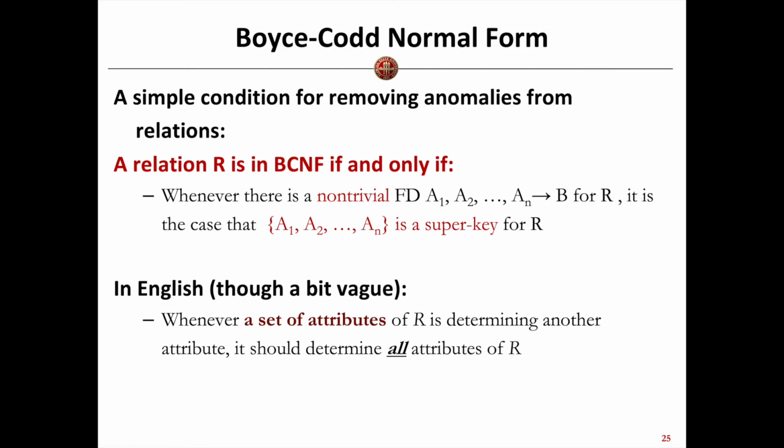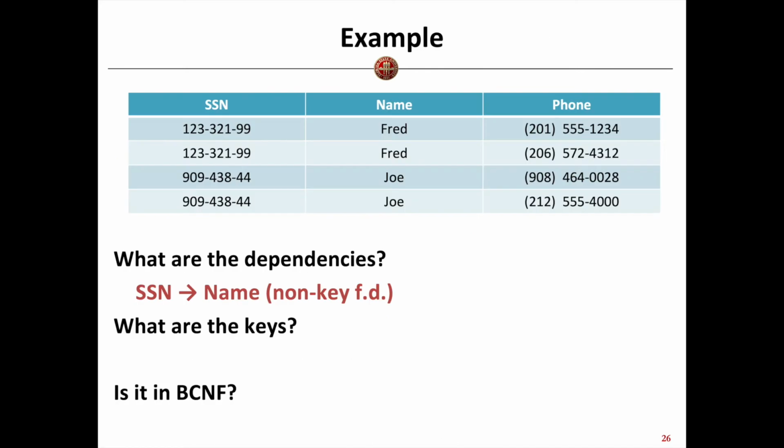Okay, and we can also have an example to give you a deeper understanding of the definition. Let's assume we have a relation about people, right? For the relation, we have three attributes: SSN, name, and phone number. We provide you with some data instances in the table.